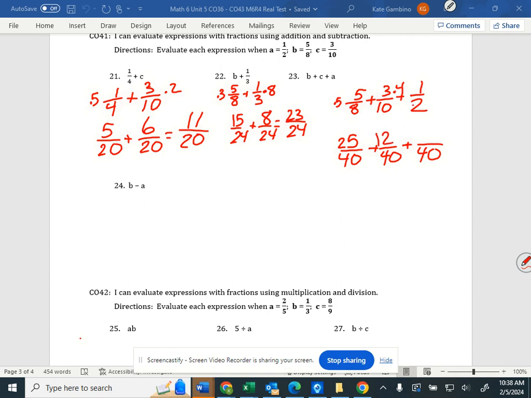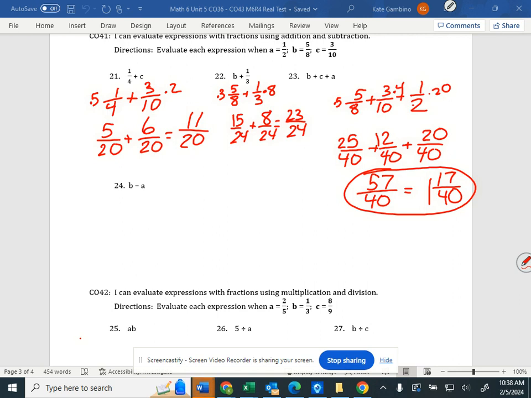To go from 2 to 40, I multiply by 20. 1 times 20 is 20. I add up my numerators and I get 57 over 40. And we could turn that into a mixed number of 1 and 17/40. I accepted either one. Left improper or turn to a mixed number.